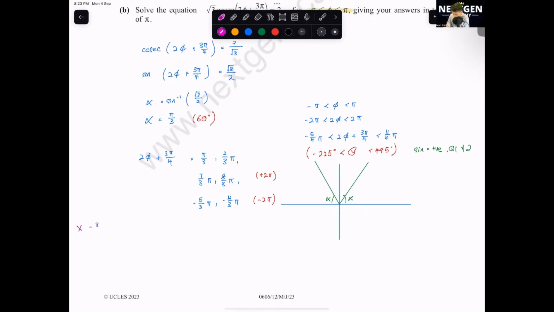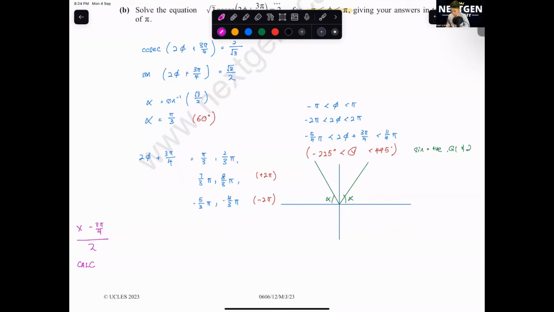You write x minus 3 pi over 4, then divided by 2. Then you just keep on changing the value: pi over 3, 1 over 3, 2 over 3, 7 over 3, 8 over 3, negative 5 over 3, negative 4 over 3. So that you don't have to keep writing out this value over and over again. You understand this method? This is leveraging on your calculator. Everyone try first. What's the value that you'll get?